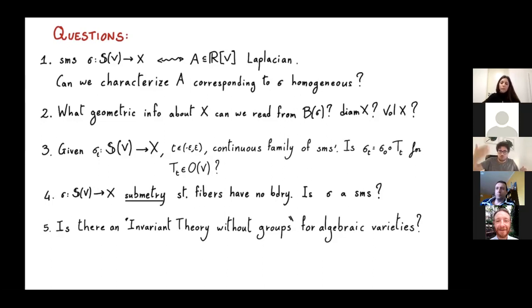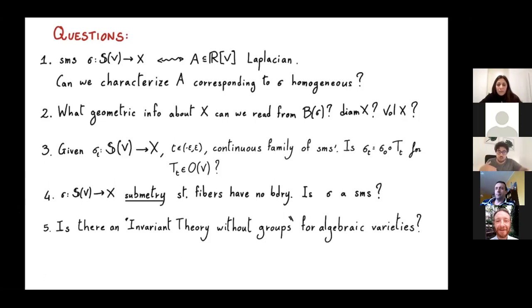The problem is when the group is not acting freely, the quotient is not even an orbifold, so it really has singularities, and it has already been seen that you cannot hear those shapes. You can find two isometric quotients of spheres from different group actions. The point is that the Laplacian that you have downstairs does not correspond to the basic Laplacian upstairs, so it becomes hard to connect the two things.